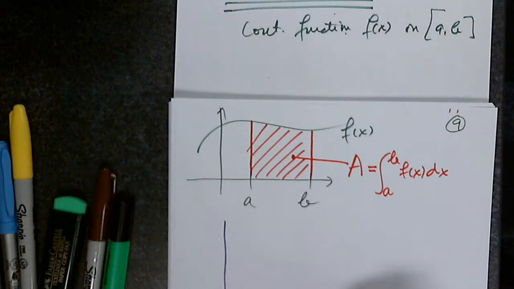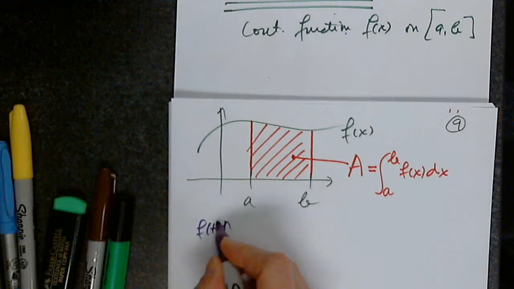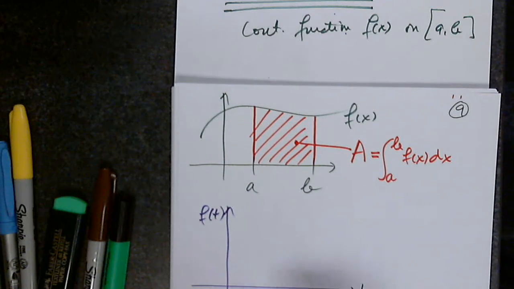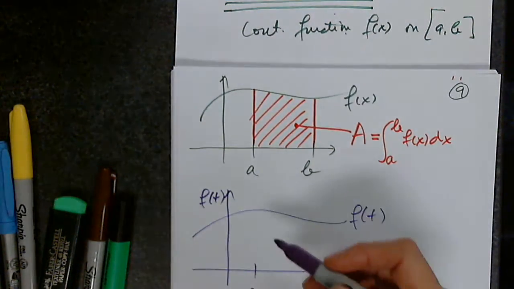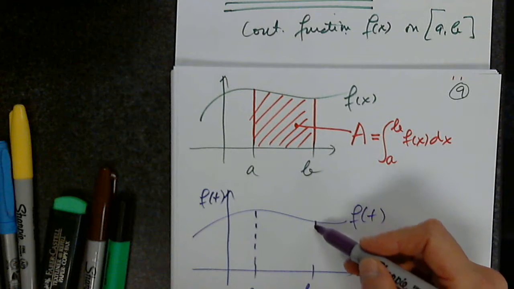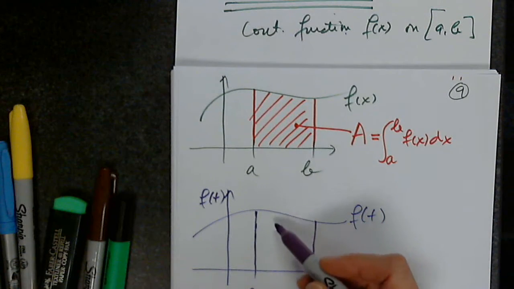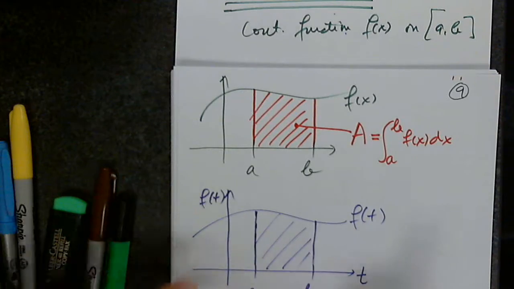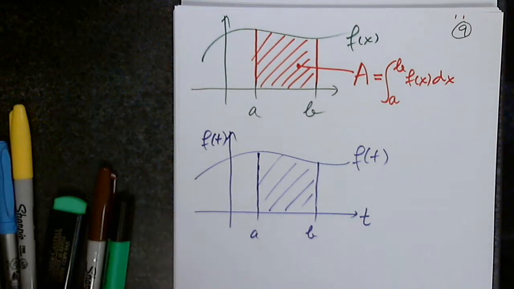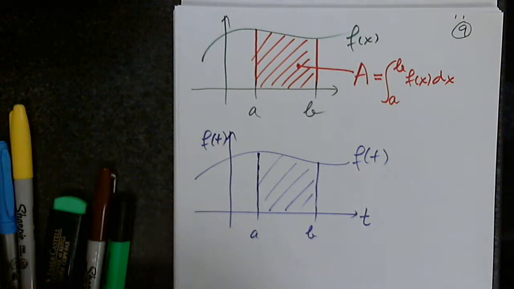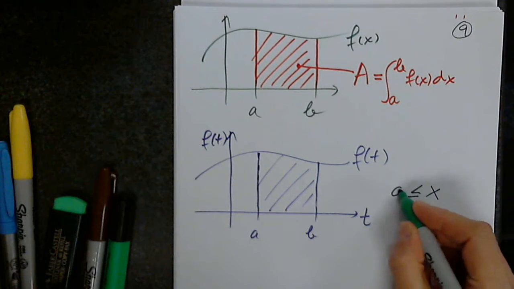I'm going to say that this is t, this is f of t, this is the interval a comma b. f is still continuous, so this is a function f of t. And this time, I am going to say that I have x. x is between a and b.